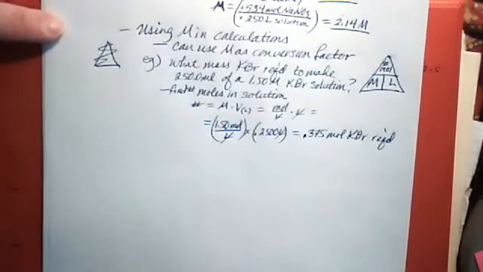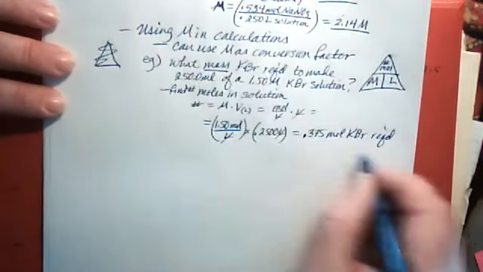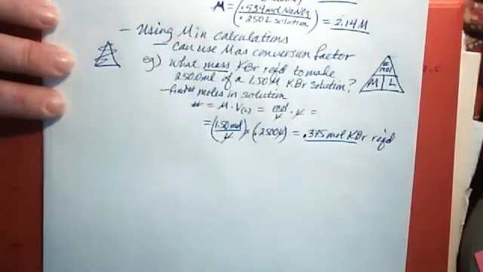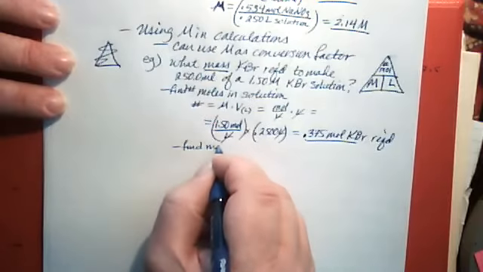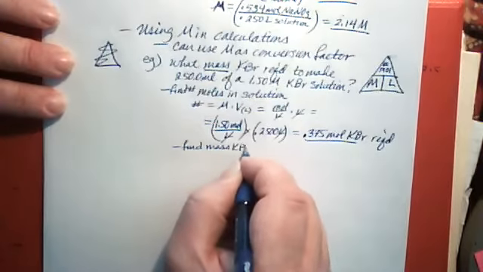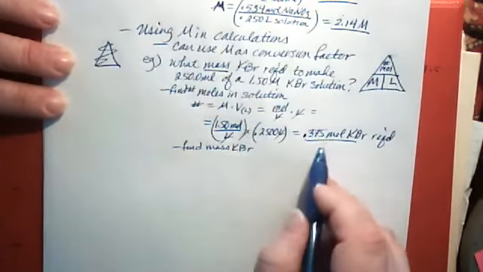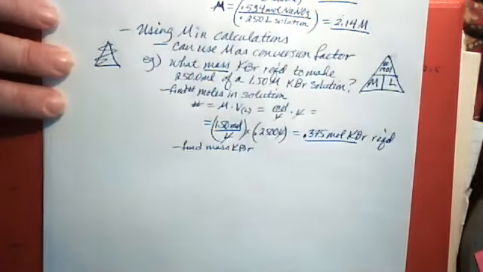Now, that's nice, but you're not done yet because the question said what mass, and this is moles. Well, for mass, all you have to do is take number of moles times the formula mass.